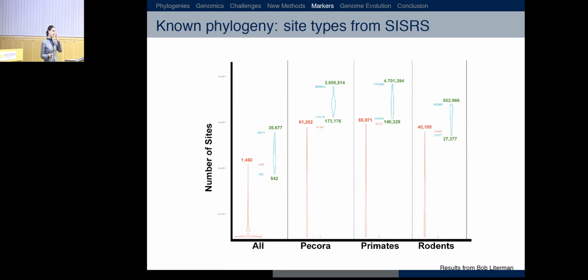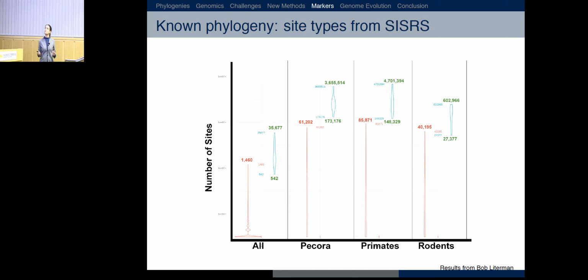So Bob's been working not only on primates, but on rodents and pecora, which are the ruminant mammals. And so he's able to find relationships, just like I showed you for primates, where he feels confident about those relationships and then look at which data supports which hypothesis.